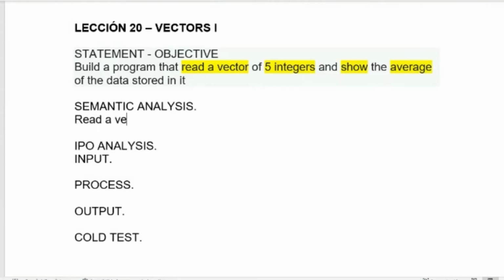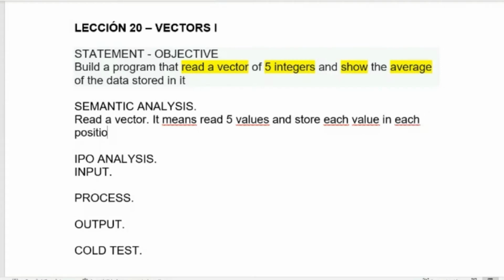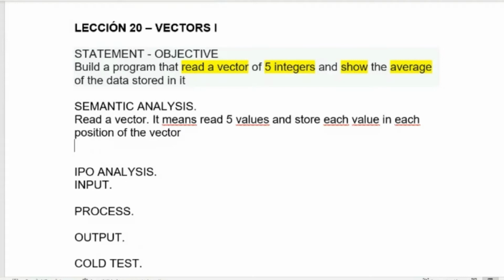Read a vector means read 5 values and store each value in each position of the vector. 5 integers.